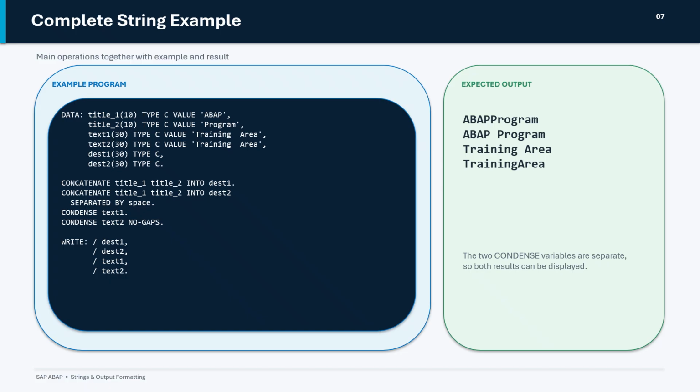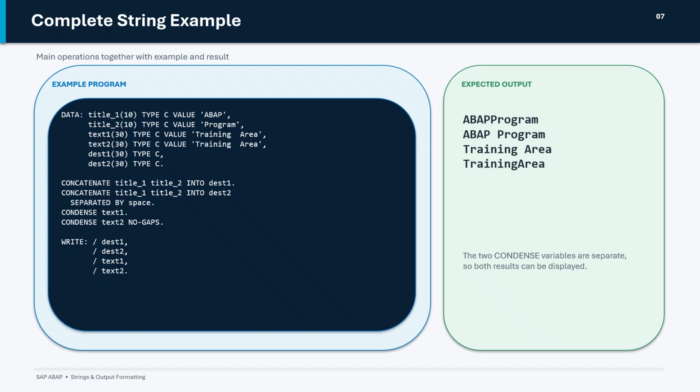The second is concatenate title 1 title 2 into dest 2, separated by space, so in between there is a space, ABAP space program. The third statement is condense test 1, where the spaces in training area come out the same way in the output. The second is condense test 2, no gaps, and whatever gap we have in between is removed. This is the complete example, and it is a useful approach when learning ABAP: first understand the statement and then immediately compare it with the output.